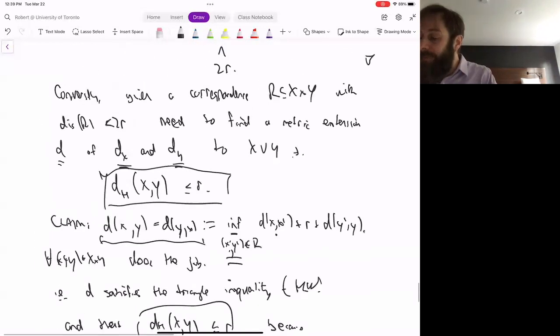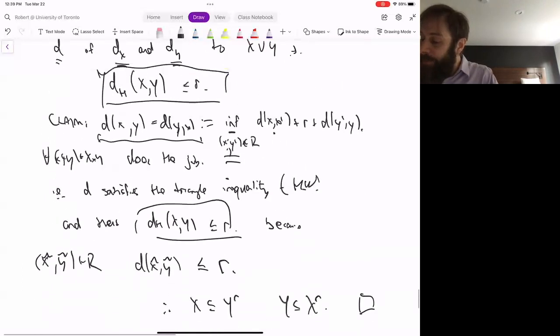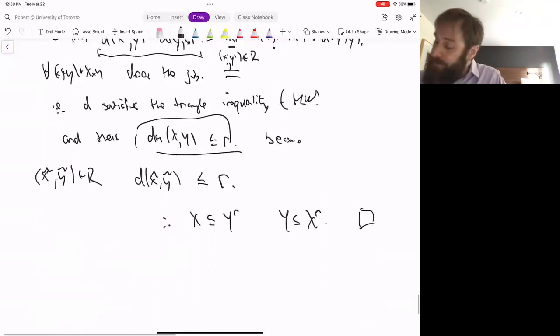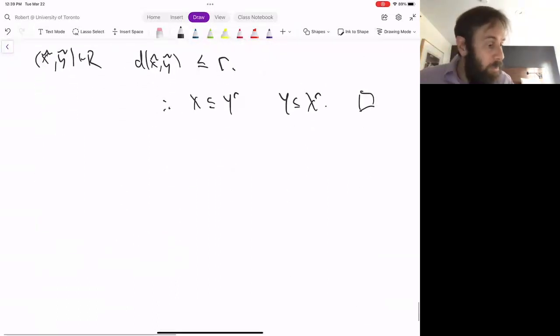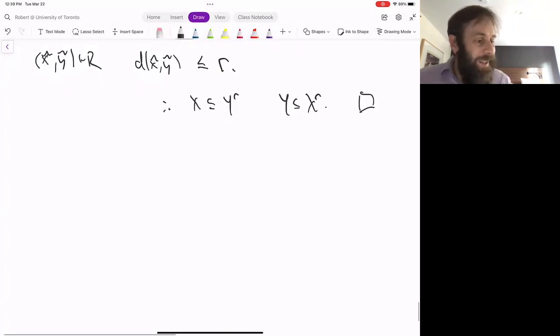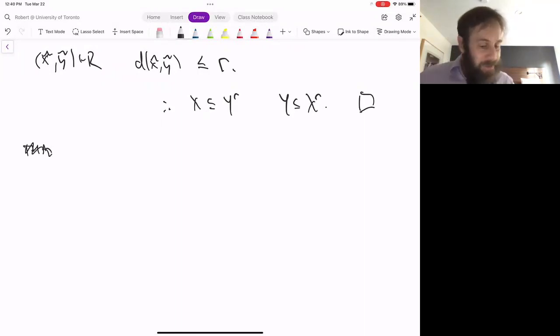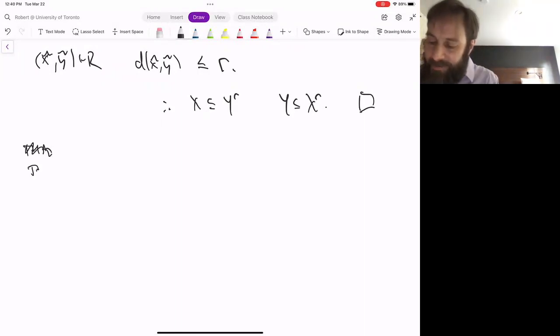What's useful about this business about correspondences, apart from that it gives us an intrinsic characterization of the Gromov-Hausdorff distance, is that I'd like to prove a theorem. But there's a hitch. There's always a hitch. In order to prove the theorem, I need a couple more definitions, but maybe I state the theorem and then I'll give the definitions.